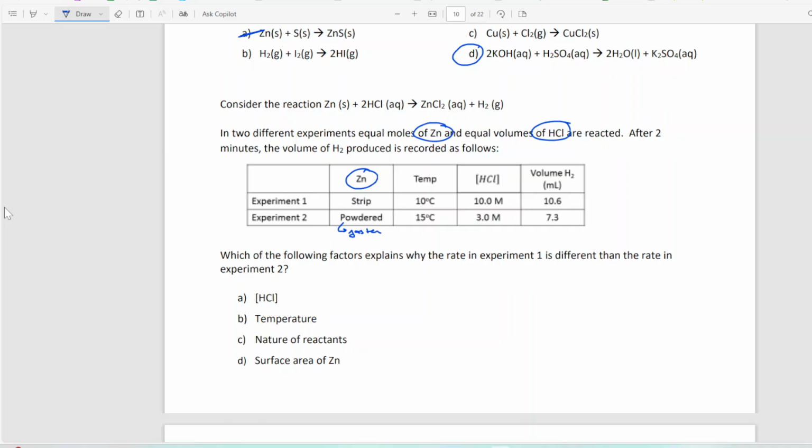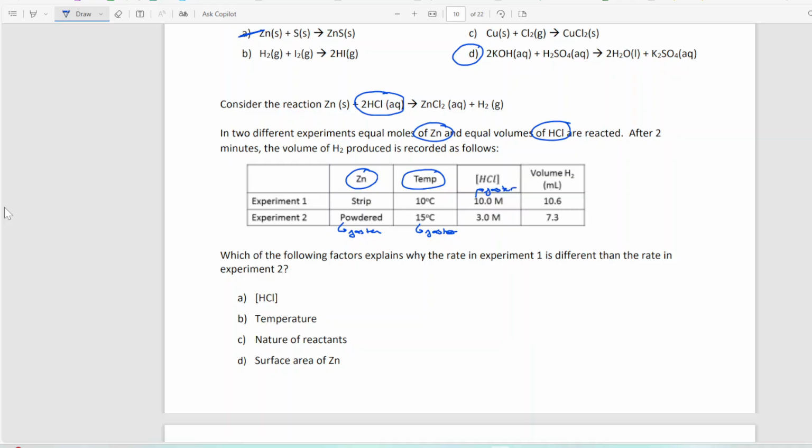Well, powder should react faster than strips. And then when we look at the temperature, 10 degrees Celsius versus 15 degrees Celsius. Well, this should be faster. Then we look at hydrochloric acid concentration. So again, the concentration of one of my reactants, it is greater here, so this should be the faster reaction.